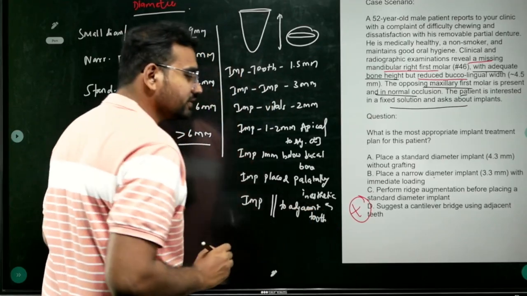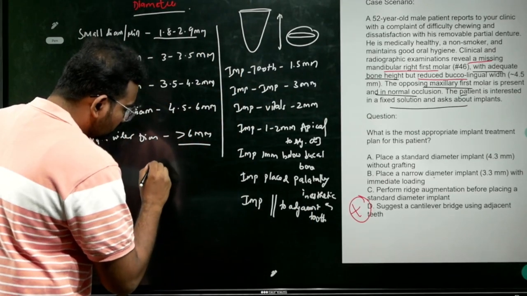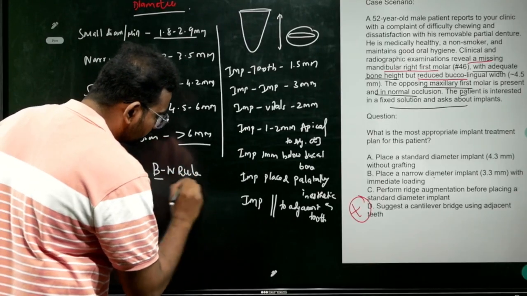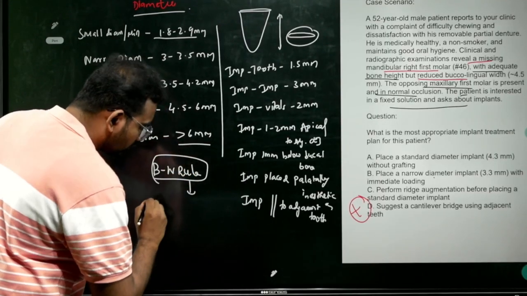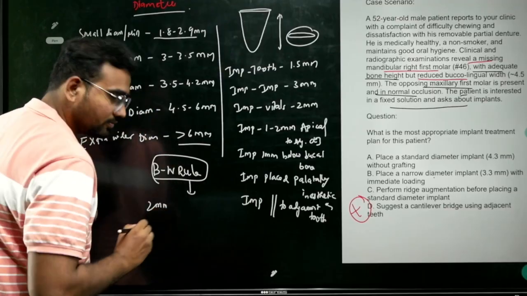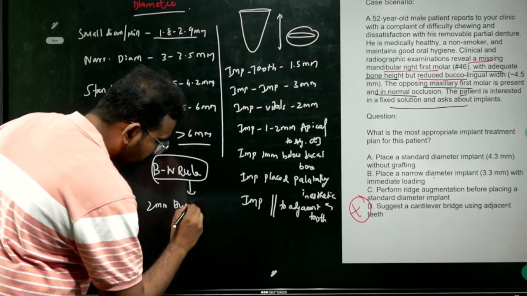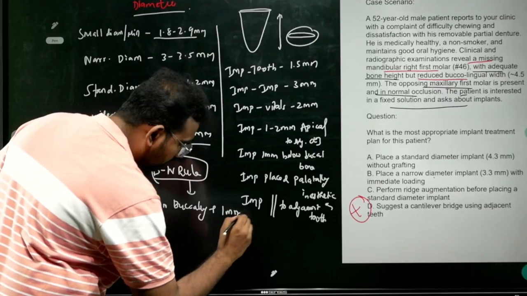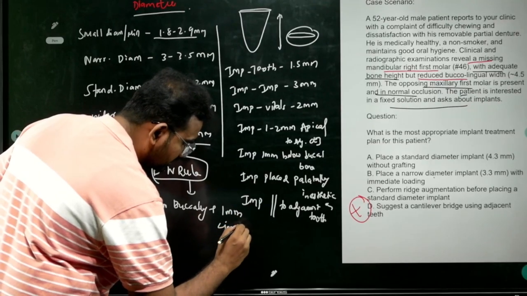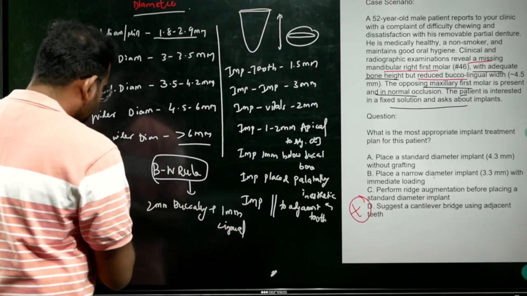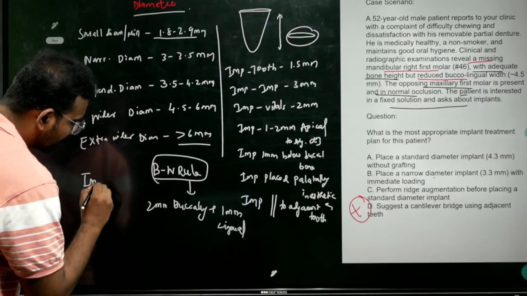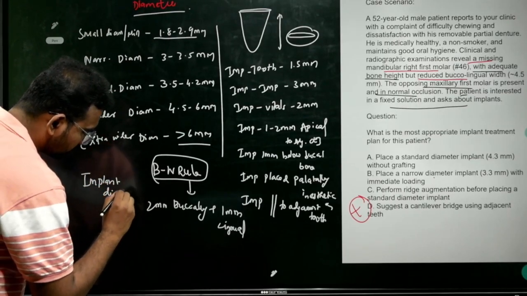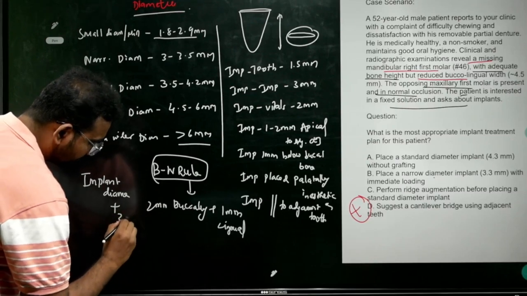And a very important thing, the bone width rule. The bone width rule is 2 mm of bone buccally and 1 mm of bone lingually should be present. In simple words, implant diameter plus 3 mm.